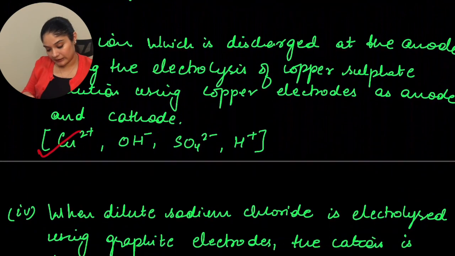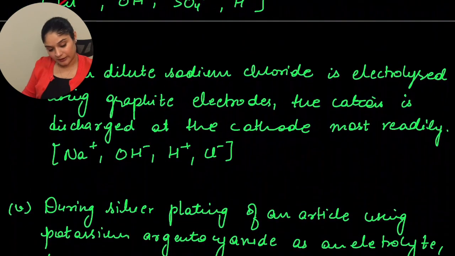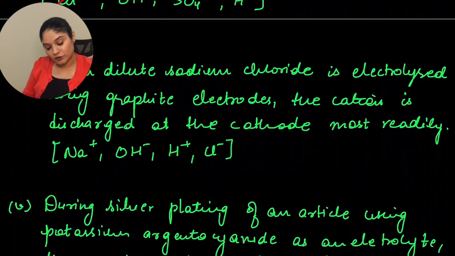The next one is, when dilute sodium chloride is electrolyzed using graphite electrodes, the cation discharged at the cathode most readily. So which of these is most readily discharged at the cathode? That will be H+, that will be hydrogen.